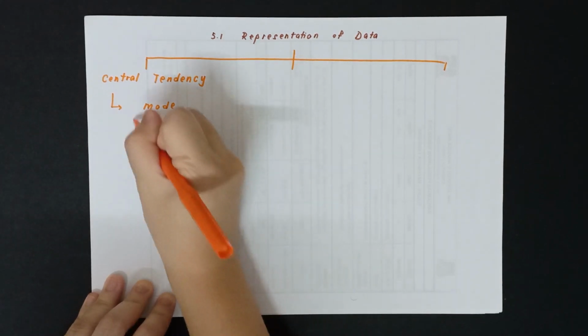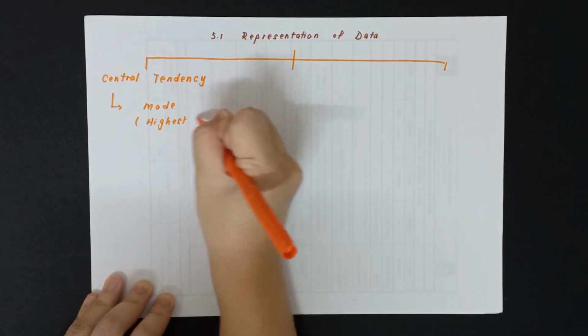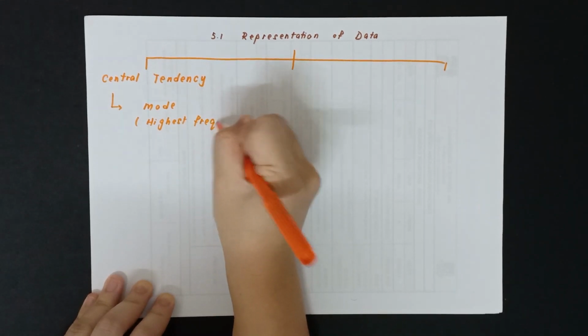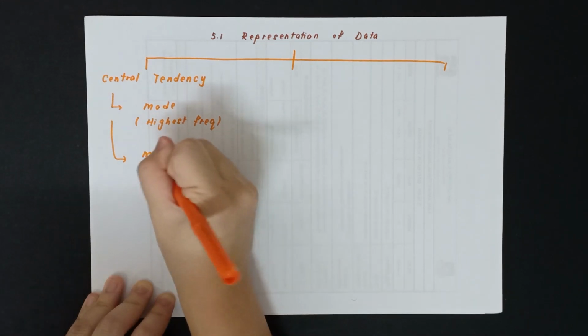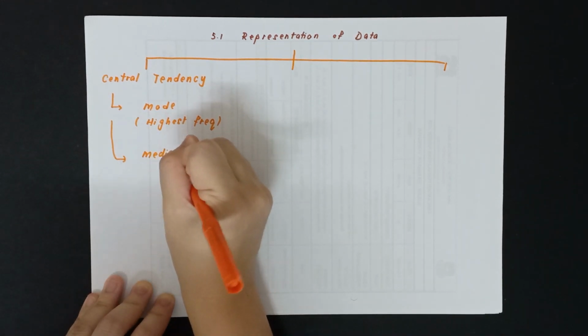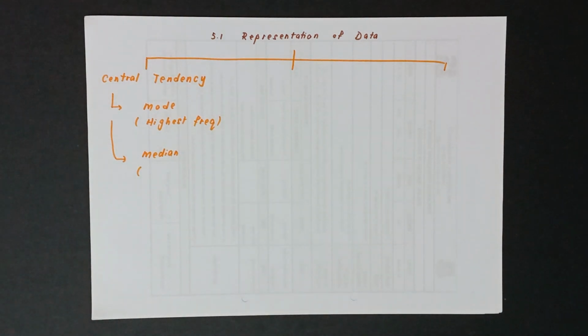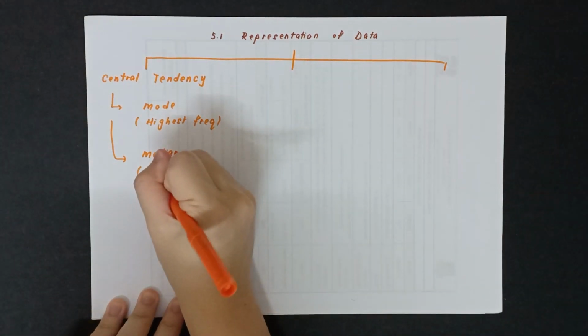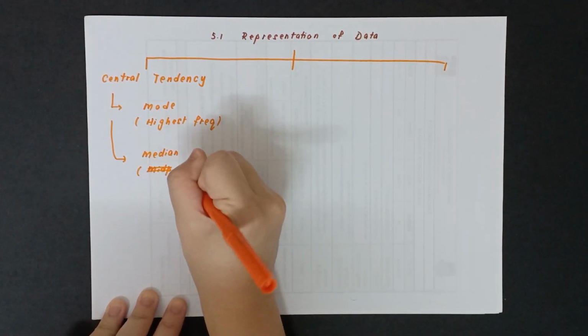So the mode is the one with the highest frequency. Then after that, you know what is meant by median, which is basically the mid value, the middle value.